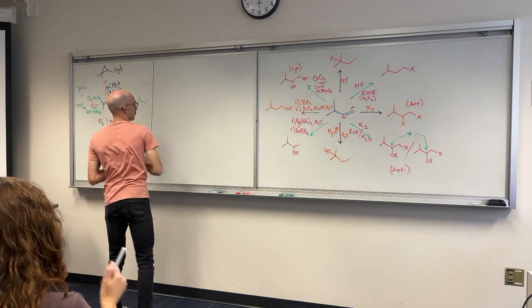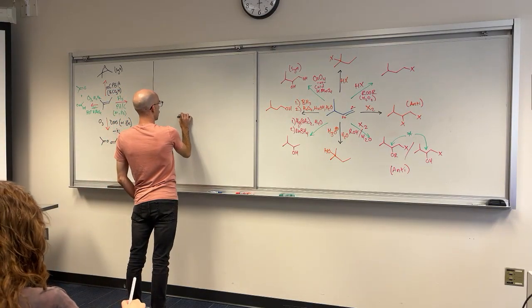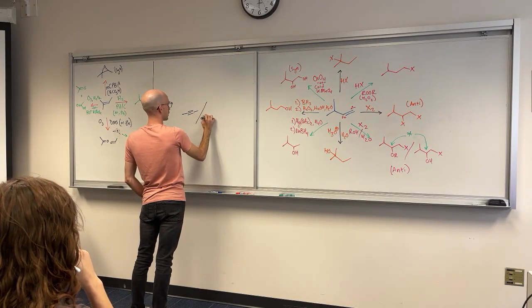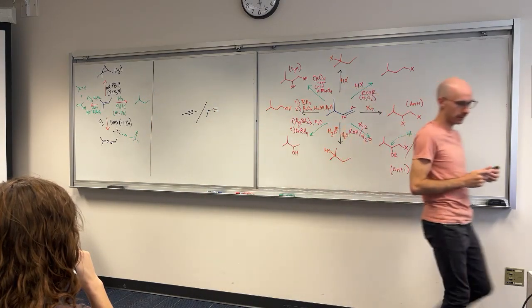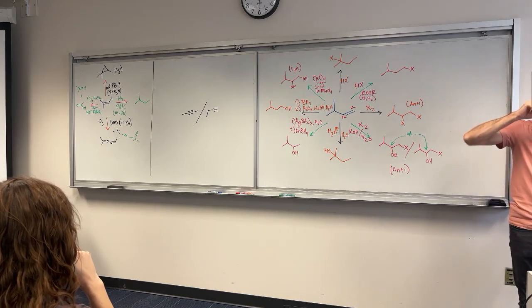All right, I want to look at some reactions with alkynes. And to do this, we're actually going to take two different alkynes and split them into a similar reaction, but like this.